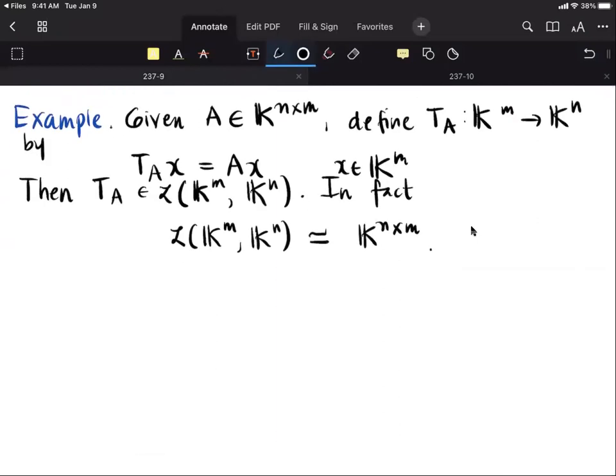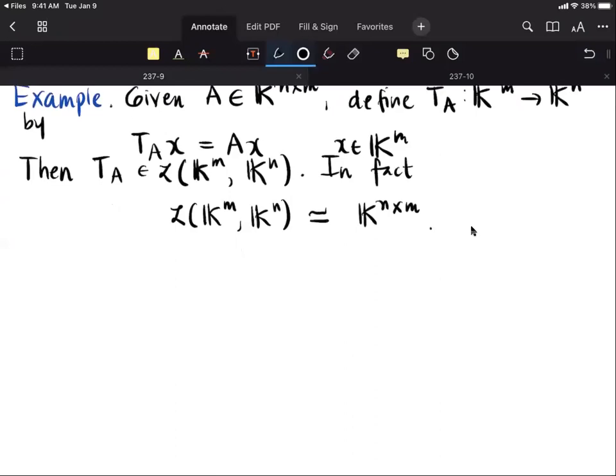Further examples, we have, let's say, an integral operator. So define, say, T from the space of continuous functions on the closed interval 0, 1 to the space of continuously differentiable functions on the same interval.